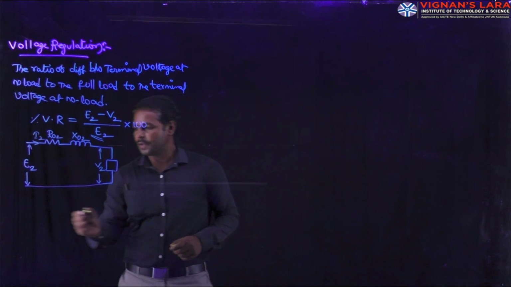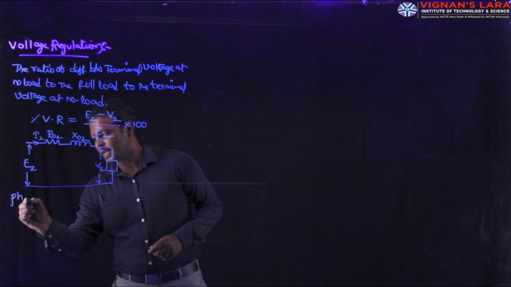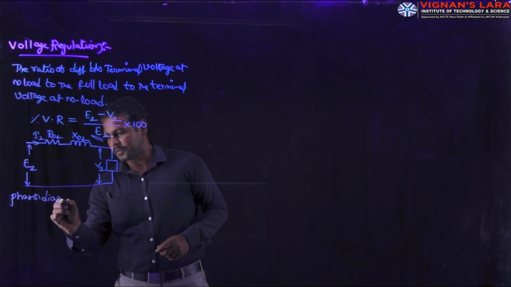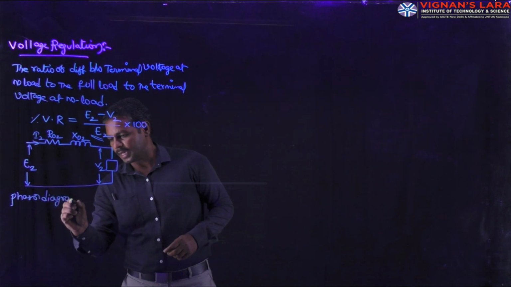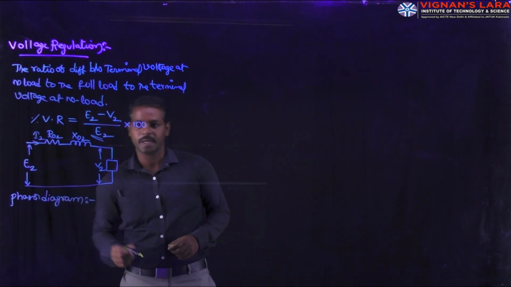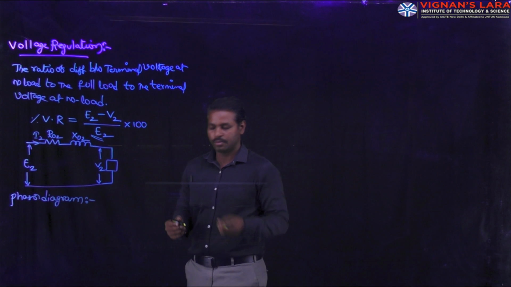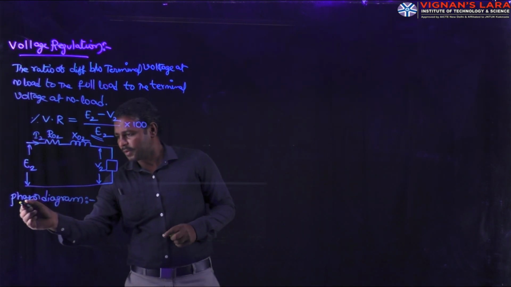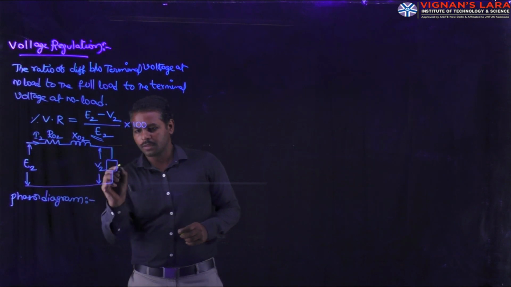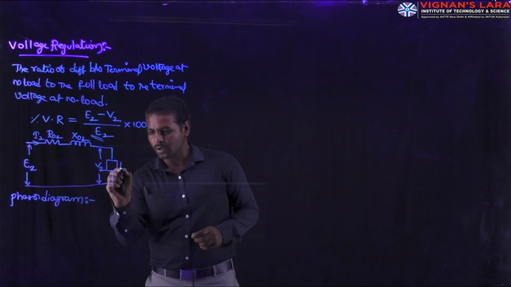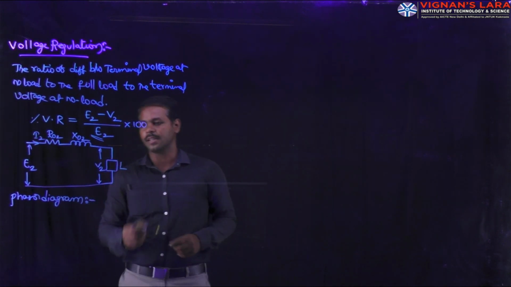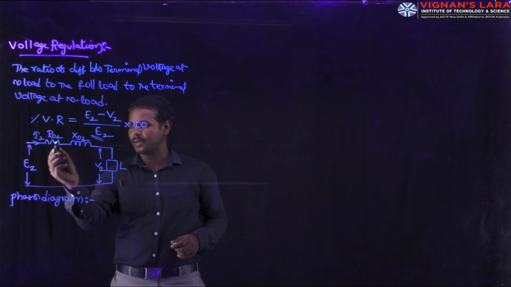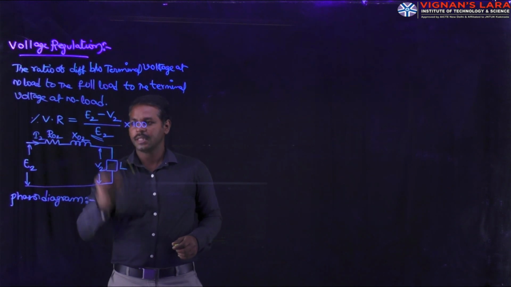Now we draw the phasor diagram of a transformer referred to the secondary side, when an inductive load is connected across the load terminals. The primary parameters are referred to the secondary side, giving R02 and X02.